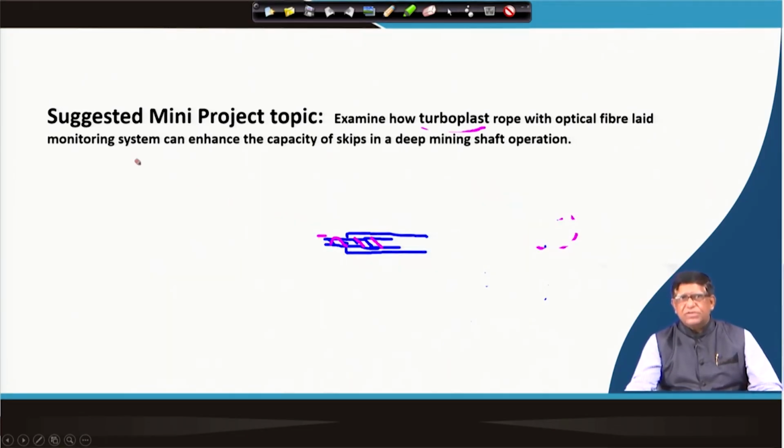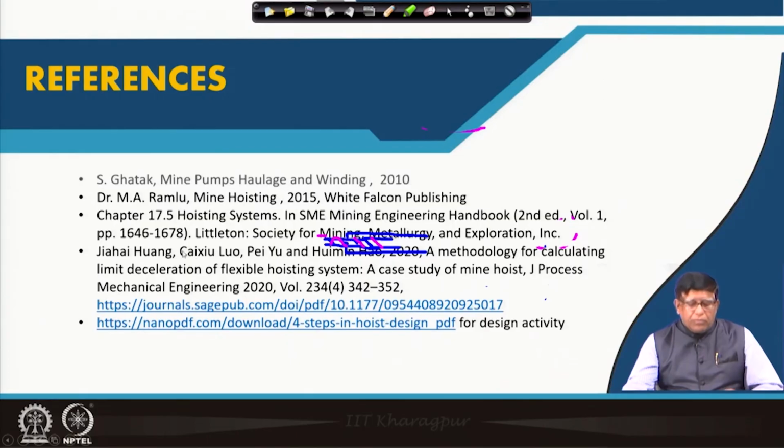Those who are interested can take a mini project on the whole winding system. There is a lot of work that has been done. I request you to go through the book of Professor M. A. Ramlu, and there are some very good articles in the Journal of Process Mechanical Engineering.